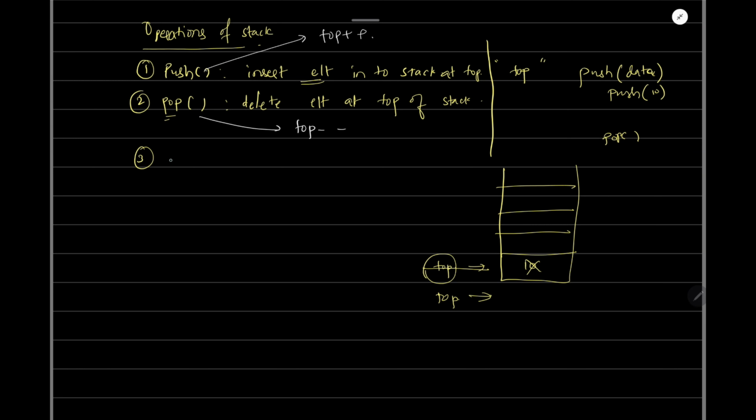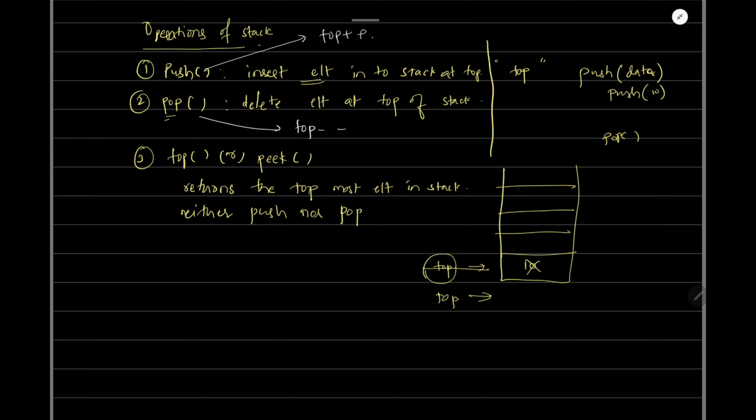And the third operation is top, or we can also use the function peek. It just returns the topmost element in the stack. It neither pushes nor pops any element.